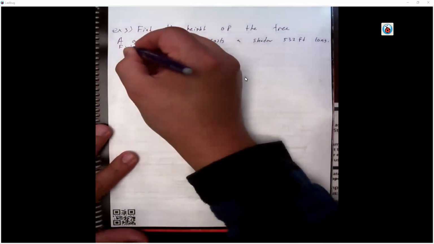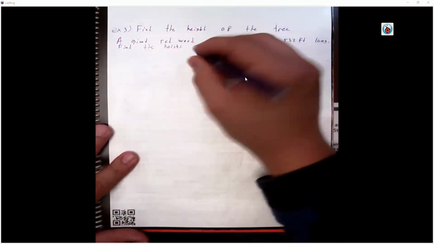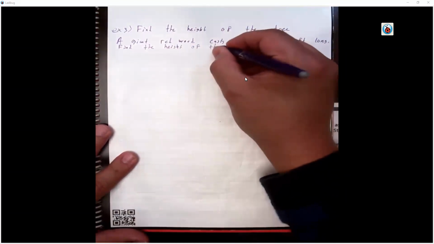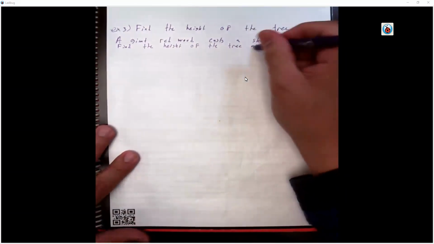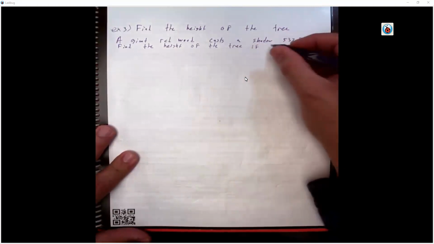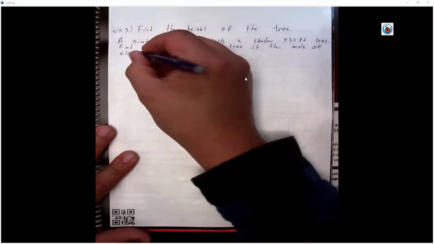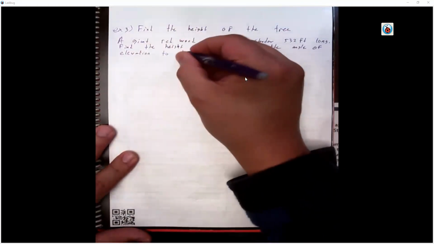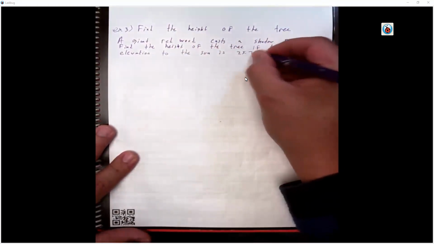Find the height of the tree if the angle of elevation to the sun is 25.7 degrees.